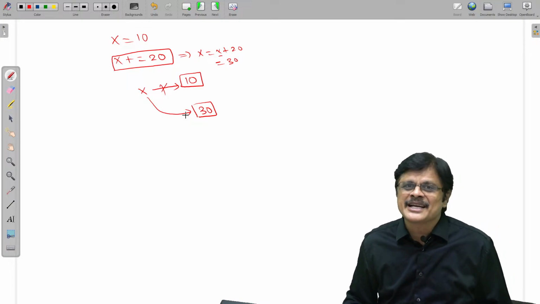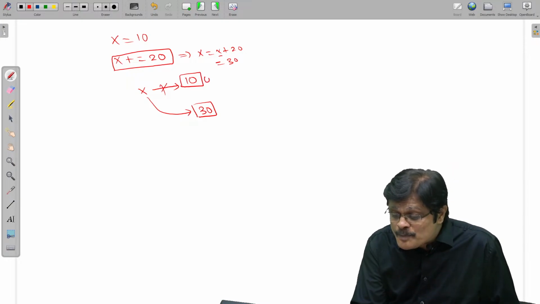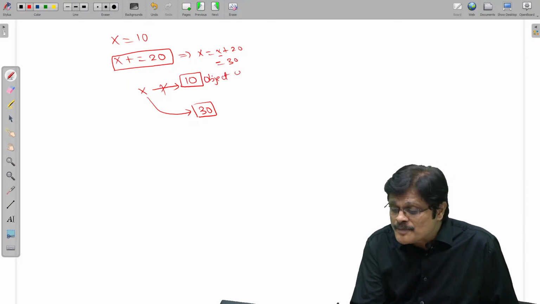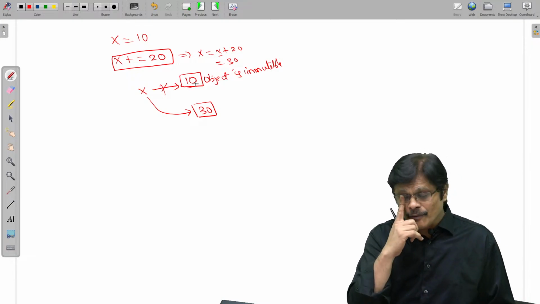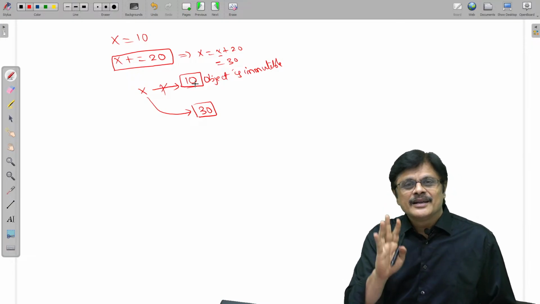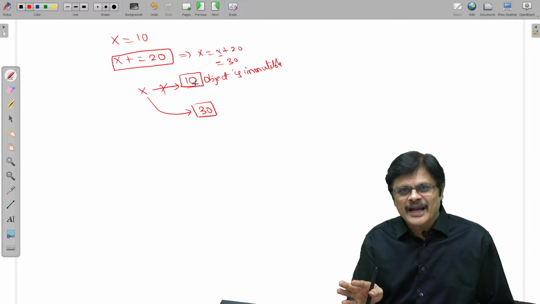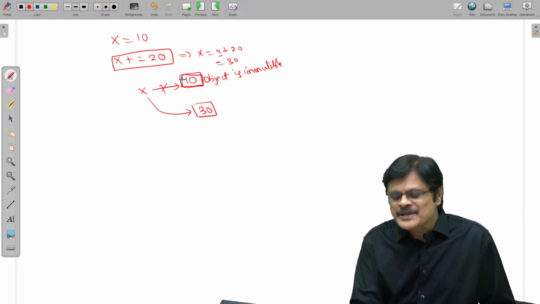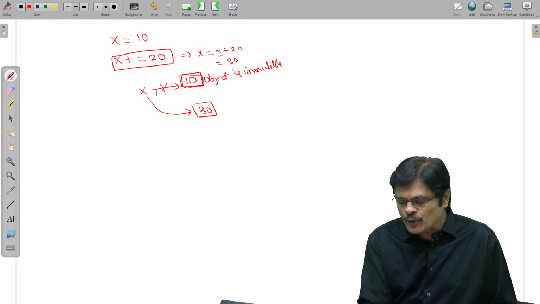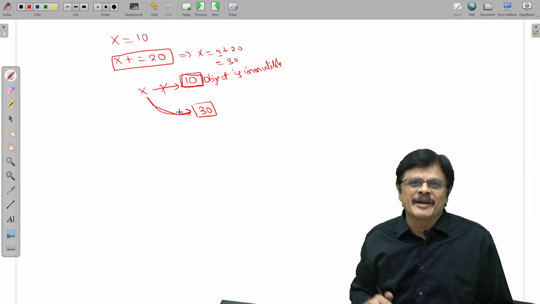This is what happens in Python, because this object is immutable. You cannot change it once it is created, because these are numbers which are 0 to 256. They are created when the Python interpreter starts. Until you close it, they are available, my dear friends. So because of that, this object will not be destroyed, sir. That object will be there. Only thing is this reference will change. A new object is created and x will be referring to that.